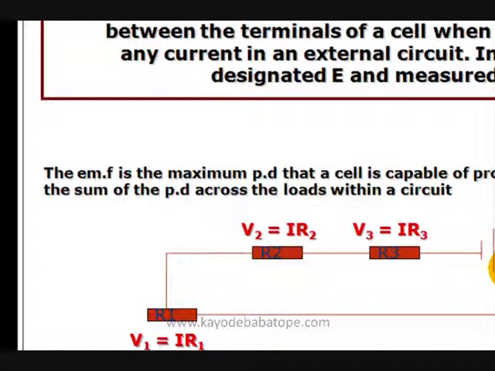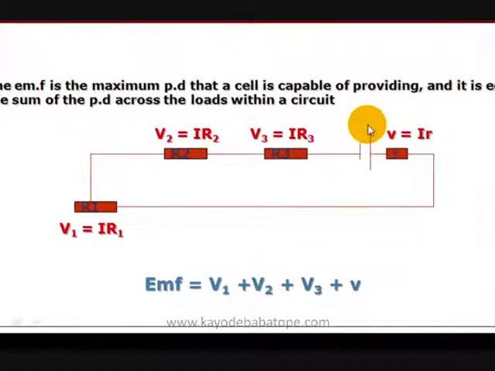Remember we said that the internal resistance is designated by a resistor next to the cell. So this is a cell and this is a resistor next to the cell designated with the symbol small r. Remember we said that internal resistance is symbolized as small letter r. So this is the internal resistance of this cell, while these are the external resistances of the loads that the cell is supplying.